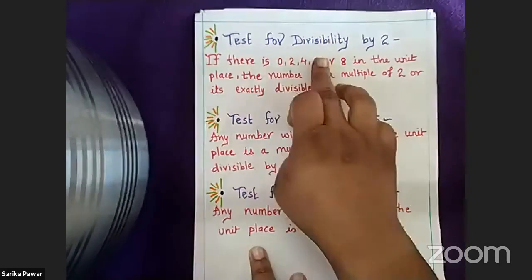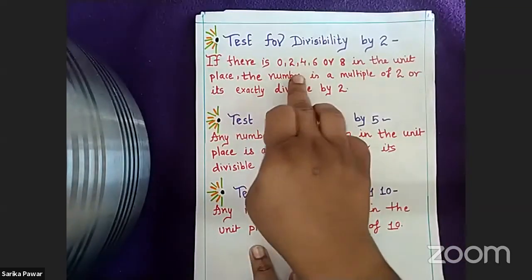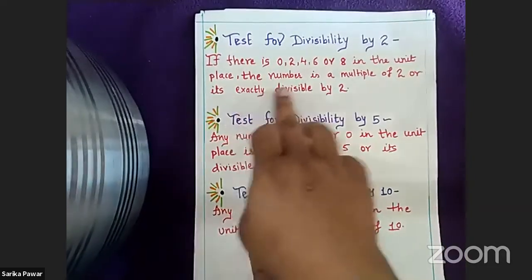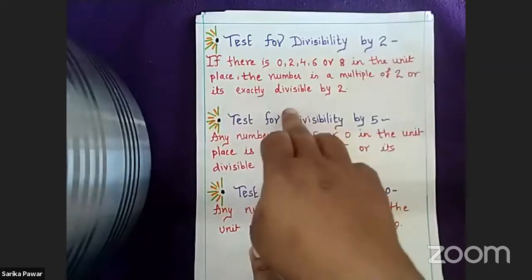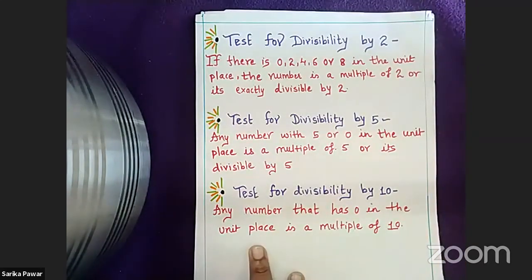So test for divisibility by 2: if there is a 0, 2, 4, 6 or 8 in the unit place, the number is a multiple of 2 or it is exactly divisible by 2. That is the rule for divisibility by 2.